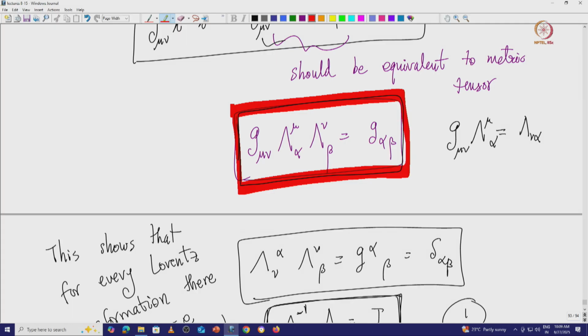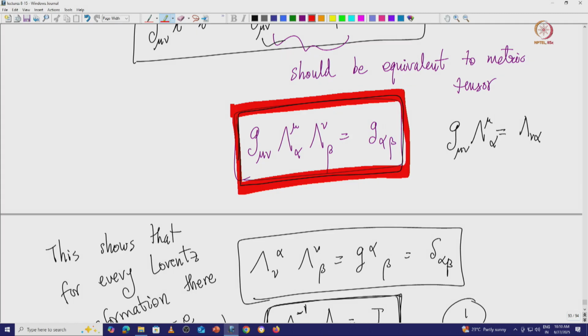The metric tensor transforms with two Lorentz transformations and it should be invariant. Why does it transform with two Lorentz transformations? Because it has two indices.